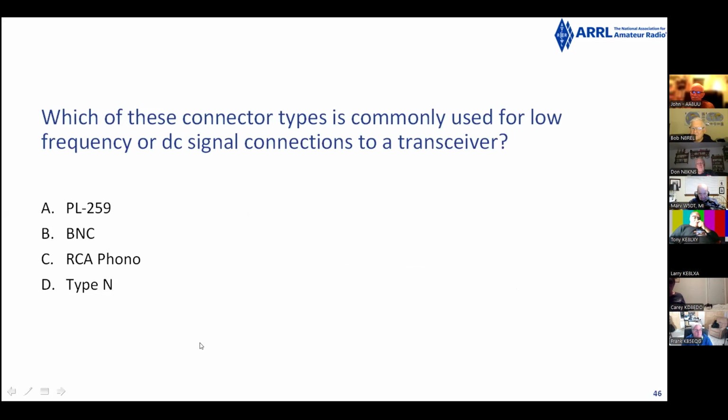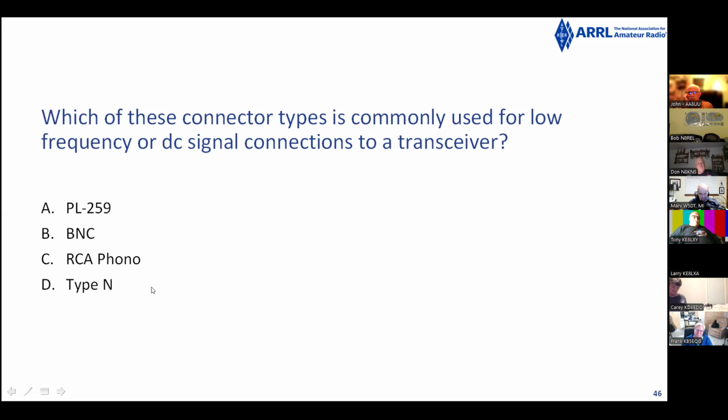Which of these connector types is commonly used for low frequency or DC connections to a transceiver? PL259, BNC, RCA phono, type N. Well, which is commonly used for low frequency or DC signal connections?